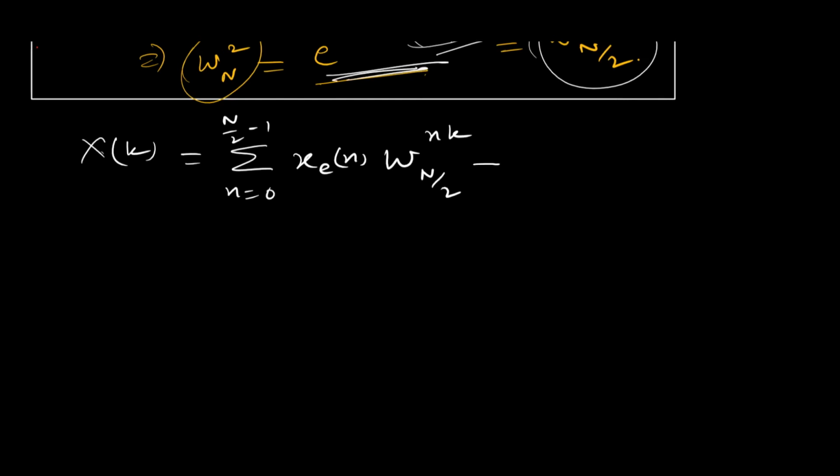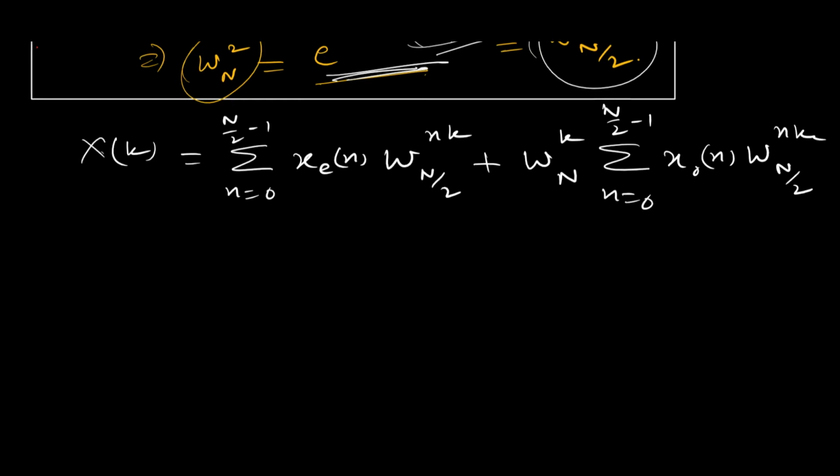Plus W_N^k, that was in front, summation n equal to 0 to N/2 minus 1 x_o[n] W_{N/2}^{nk}. If you carefully observe these equations, these are nothing but DFTs.